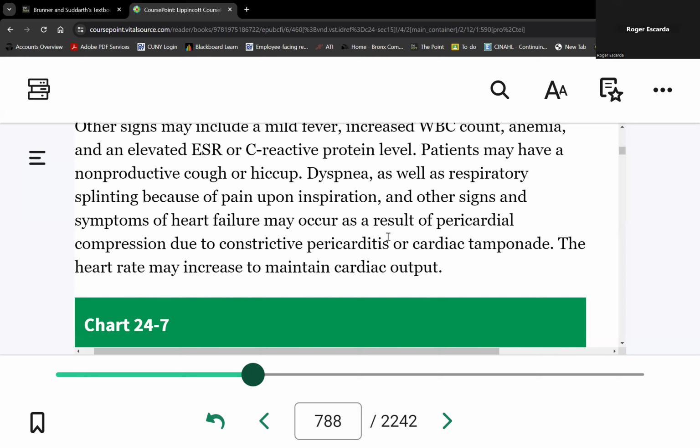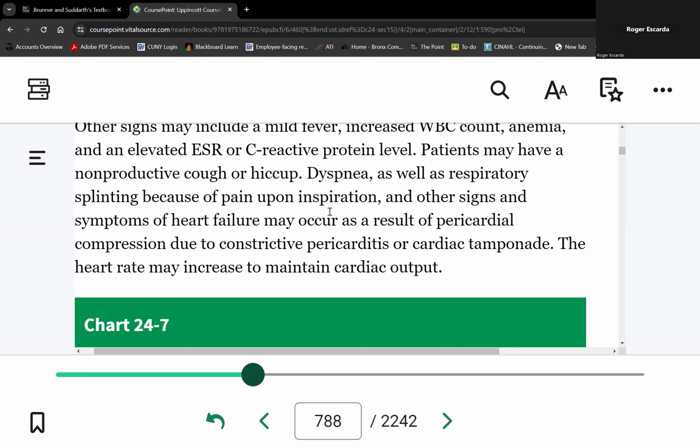So now, if the fluid around the heart increases, meaning there's a blister now forming, what will happen to the pressure inside the thoracic cavity? It increases. So if the lungs are inflating, squeezing the heart, and the pericardium already contains high amounts of fluid, let's say it's only supposed to be 5 or 10 ml. What if it increases to 50, 100 ml?